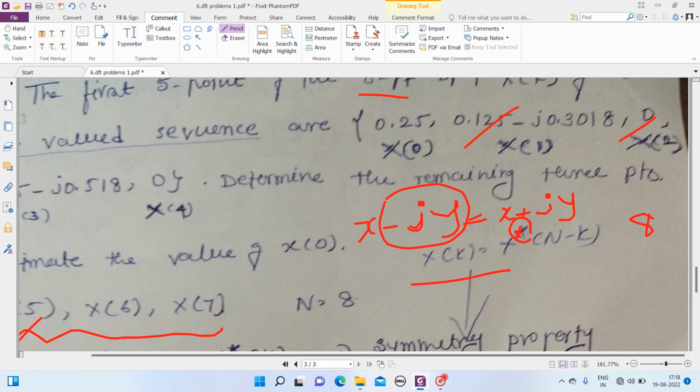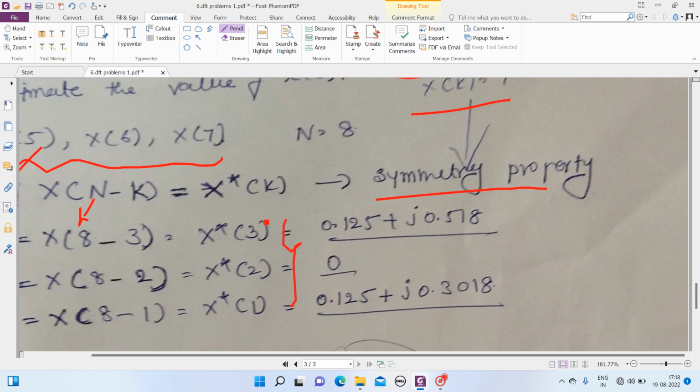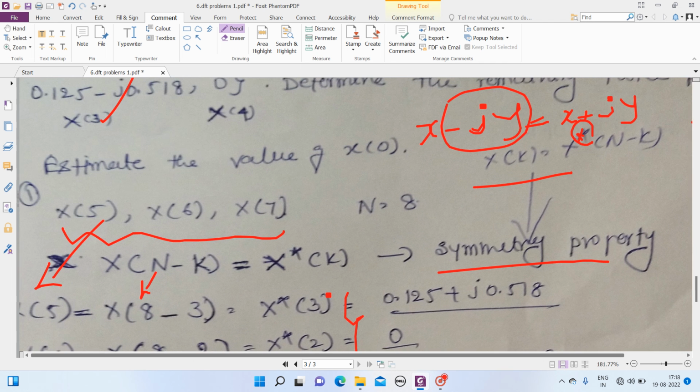So see here how the complex conjugate plays a role. See here, x star of 3, x 3 is here.